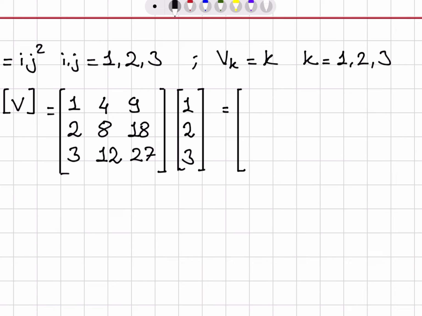3 by 3 multiplied by 3 by 1 will give me an answer which is 3 by 1.